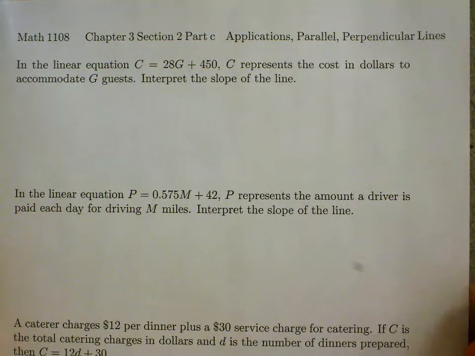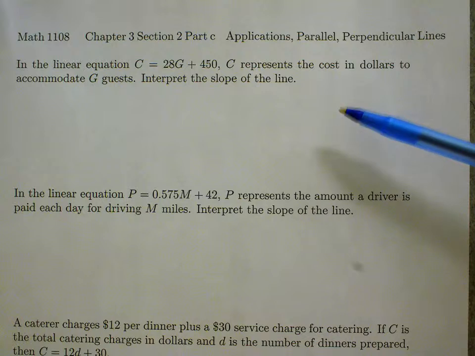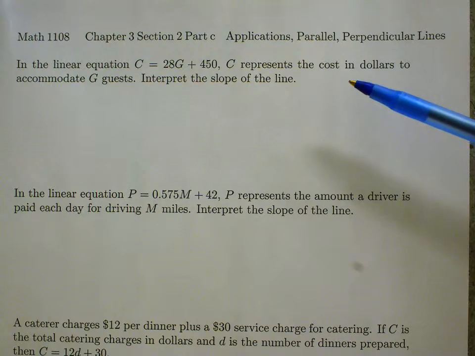Okay, so this one says in the linear equation, C equals 28 times G plus 450, C represents the cost in dollars to accommodate G, capital G guests. So this is a cost function for a hotel or a motel or a resort or something.